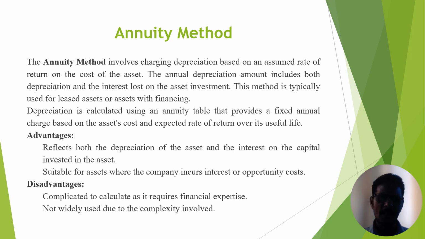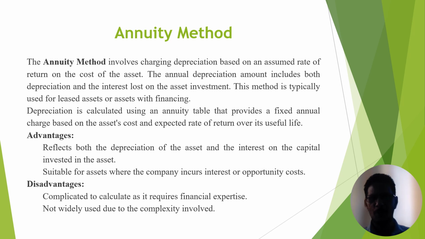The second advantage is that it is suitable for assets where the company incurred interest or opportunity cost. It means those types of businesses consider the opportunity cost. If we purchase one machine, we have to pay money.